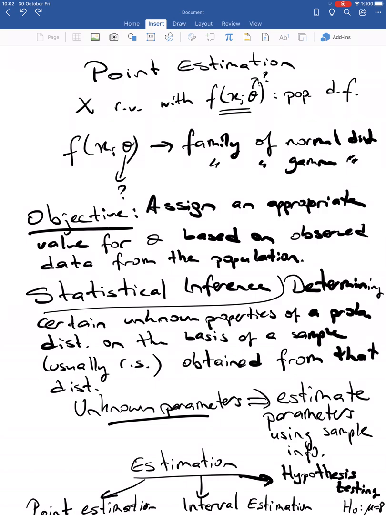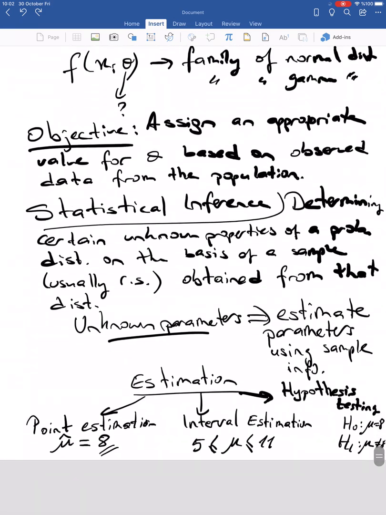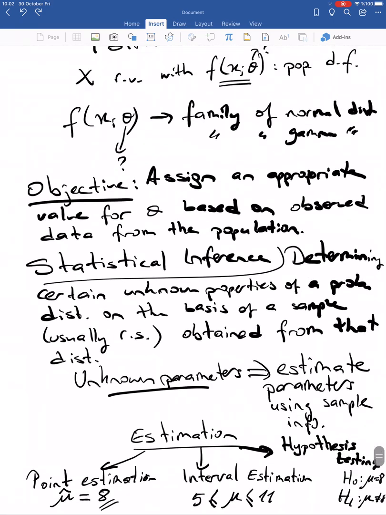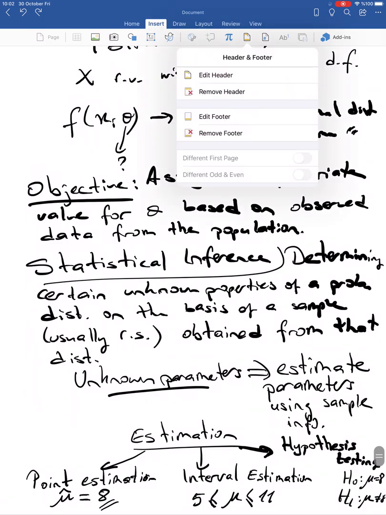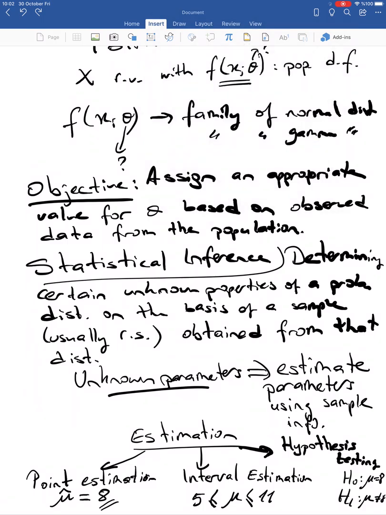It's not working. What is this? These are the headers, this is the page numbers. Layout, review, view.